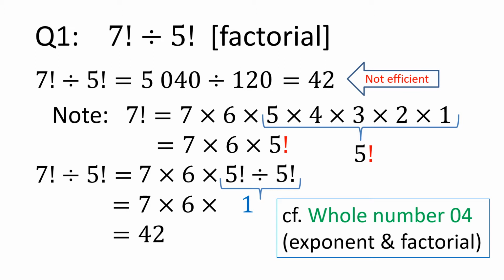So 7 factorial divided by 5 factorial is equal to 7 times 6 times 1. Therefore, the answer is 42. This method is much simpler and easier, so let's calculate others in this way.